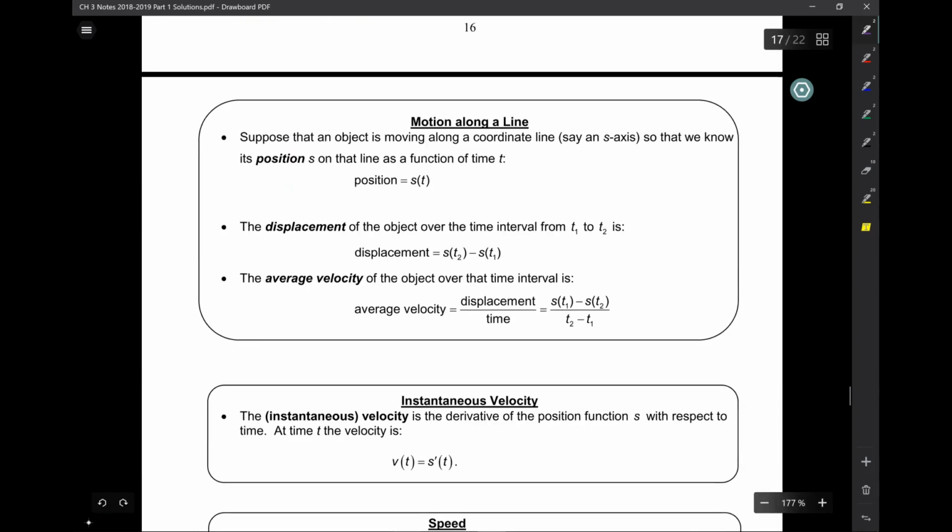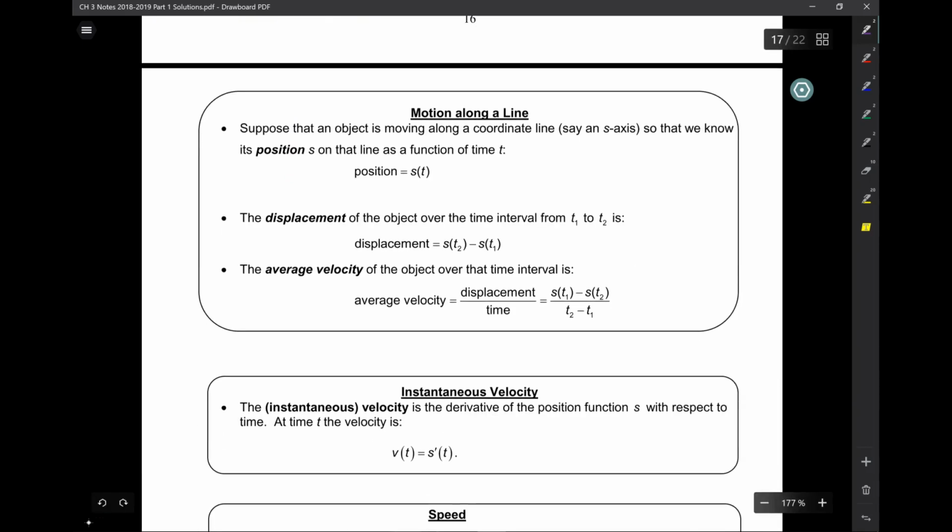Right? Okay. Let's talk about motion along a line. Suppose an object is moving along a coordinate line, say an s-axis. It doesn't always have to be x and y-axis, right? It could be d and y. It could be s and v, okay? So suppose this is the s-axis, and you've got an object that's moving along.